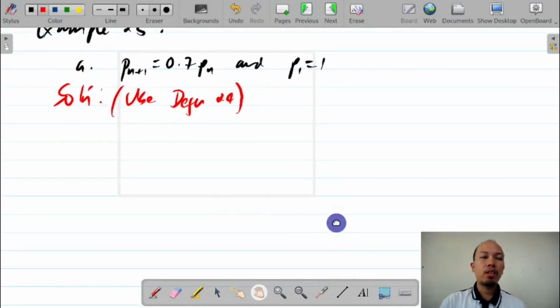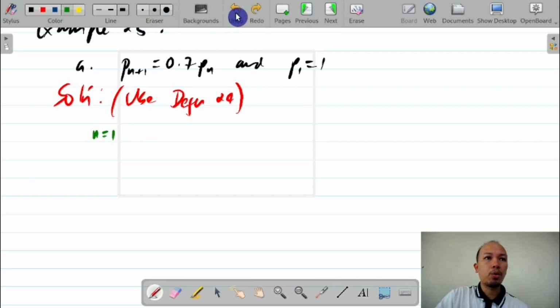So how do we solve this one? Okay, so as you can see, let's try this one here. When n is equal to 2, we have p sub 2.